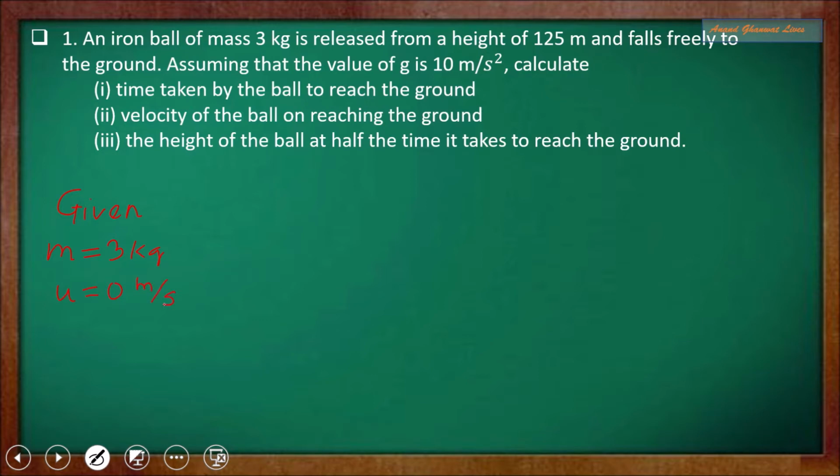Then next we have given the height of the ball, means the distance covered by the ball, s is equal to 125 meter. Now the value of g is also given there. g is equal to 10 meter per second square.